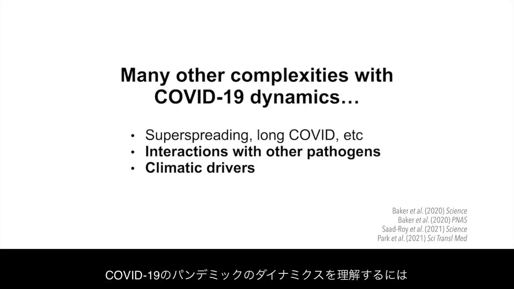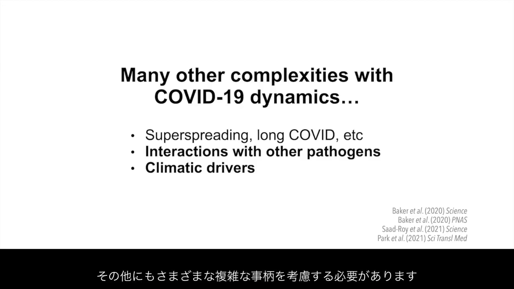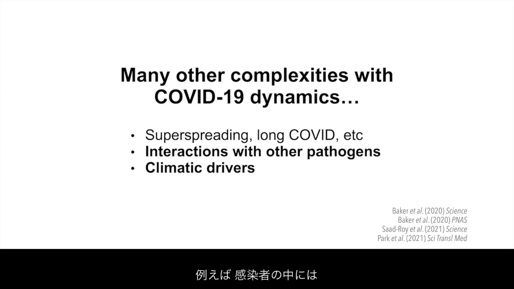Of course, there are many other complexities that may need to be taken into account in understanding the dynamics of the COVID-19 pandemic. For example, some individual hosts spread the disease to a huge number of other people, so-called superspreading. Some people who become infected develop long COVID, and so on.